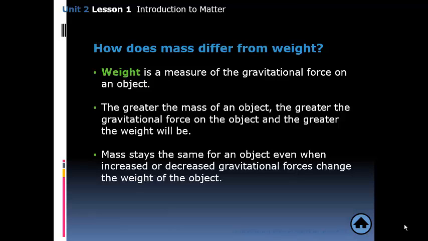You're still made up of the exact same amount of matter as you are on Earth. It's just that your weight is a measure of how much gravity is pulling down on you. So you go somewhere that has less gravity, it's pulling down on you less, but your mass stays the same. If that is confusing to you, you need to write down on your visa questions, explain mass and weight more.